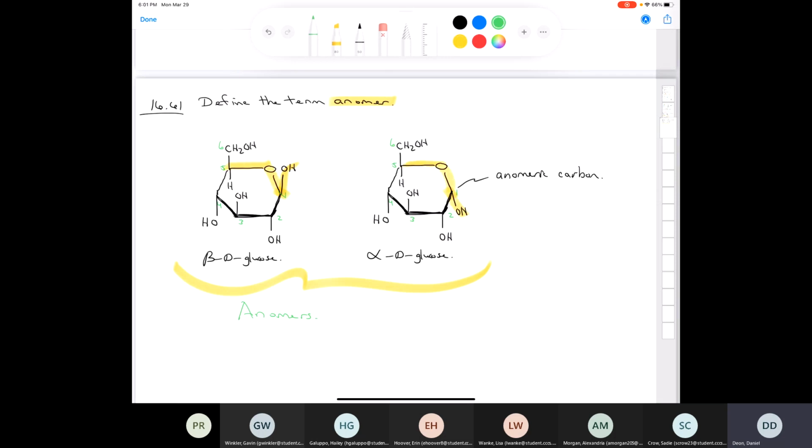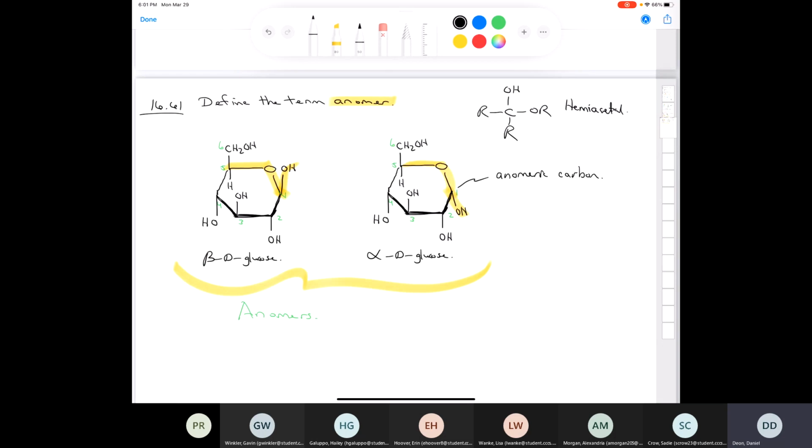You guys know that a hemiacetal is when you have a carbon that has a hydroxyl and an ether on it, and it's got two other R groups. They could be hydrogens, they could be carbons. But that is a hemiacetal. Okay, so that's all anomers are. They're basically stereoisomers that differ only at the anomeric carbon. That's it. All right. So that was 16.61.